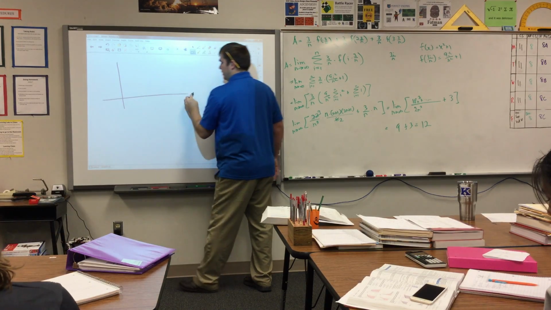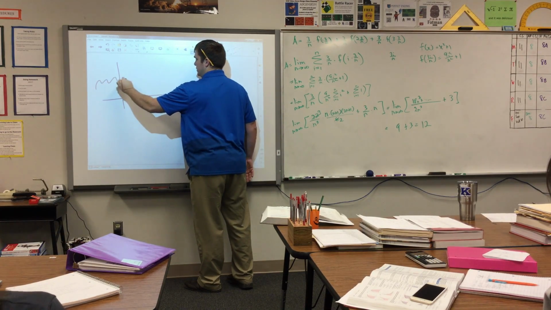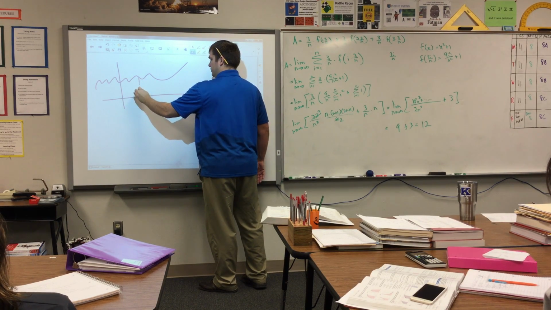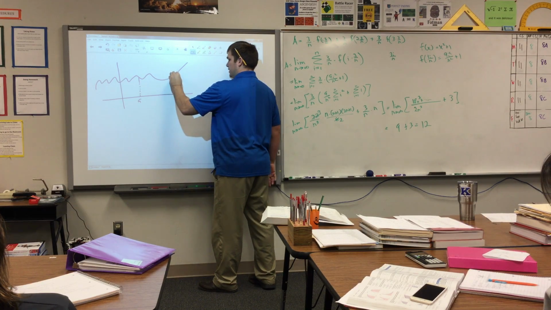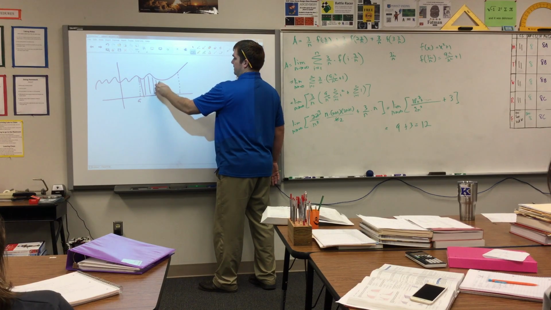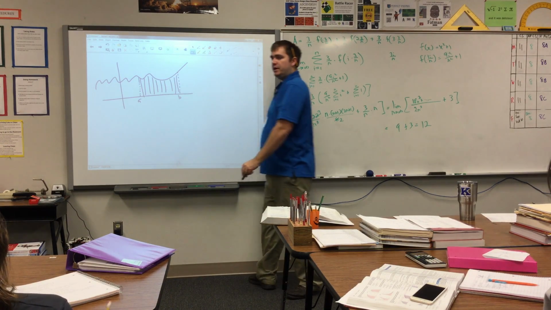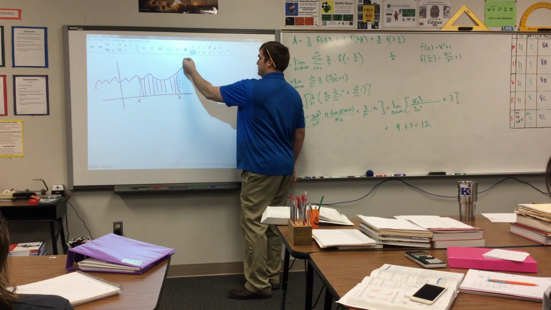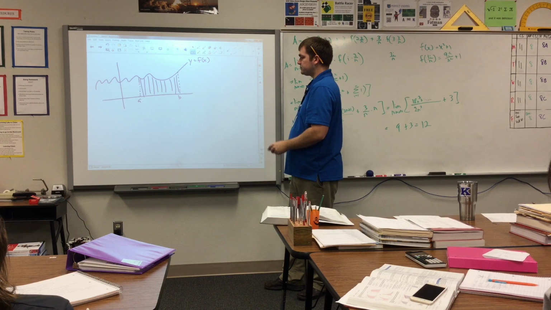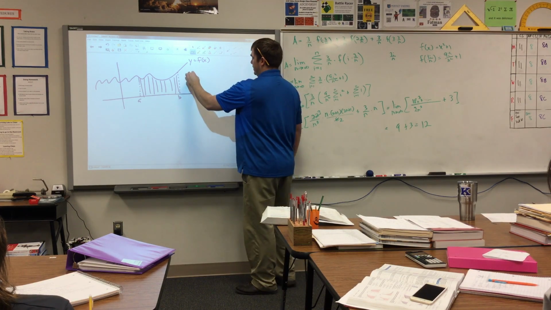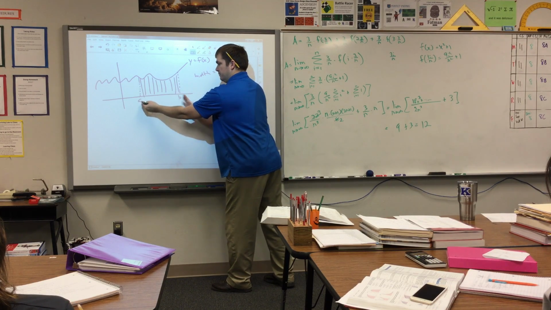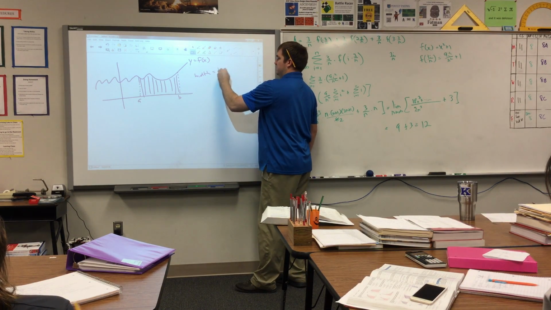So the more generic situation is you have any function, who cares what it's doing. Starting from a and going to b, if I want to find the area under that curve and above the x-axis for y equals f of x, my entire width is this region right here, b minus a.